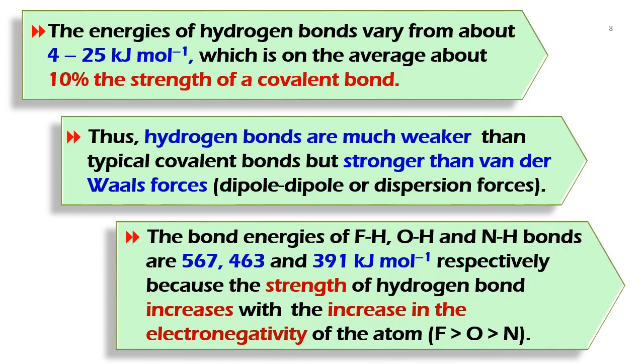The bond energies of FH, OH, and NH are shown here respectively, which are 567, 463, and 391 kilojoules per mole.